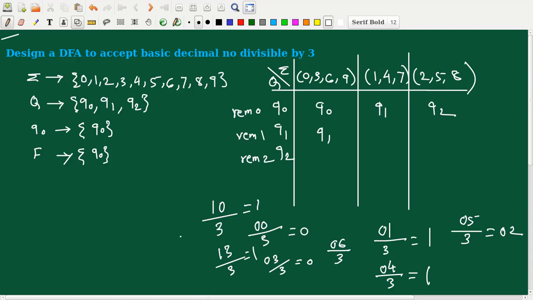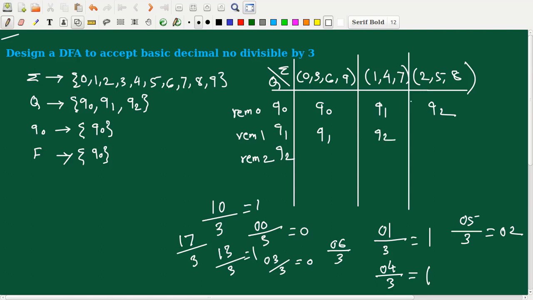So if q1 is already 1, and I provide input 7 to it, it becomes 17 divided by 3. If I divide it by 3, I get a remainder that is nothing but 2. So the state for remainder 2 is nothing but q2. In this way, I get the state q2.